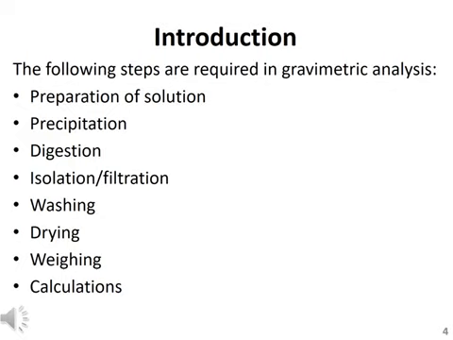In the mixing process of a solution, when we mix the solute and solvent, a homogeneous mixture is formed, and this solution must have some characteristic features. Number one, a homogeneous mixture should contain two or more substances.